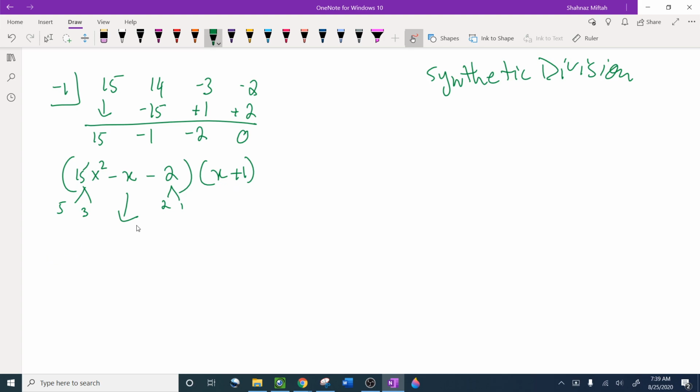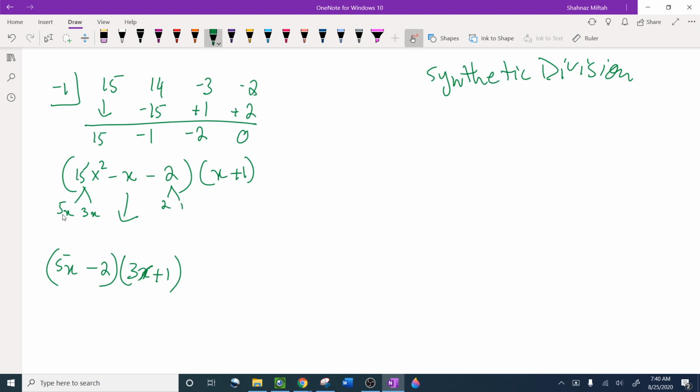So I have, for example, 5x minus 2. And I have 3x plus 1. Now you will be asking, how do you know that 3x goes with 1 and 5x goes with -2? I don't.